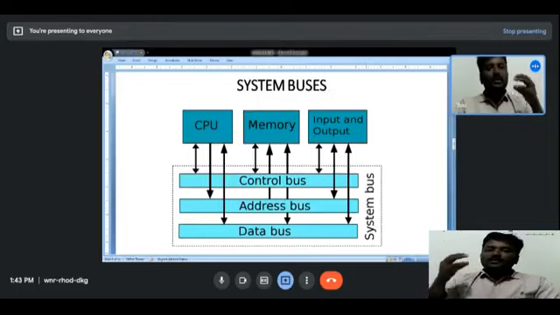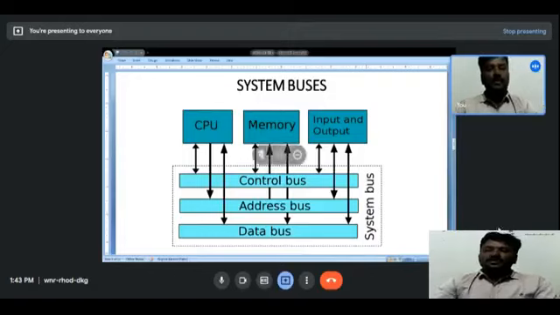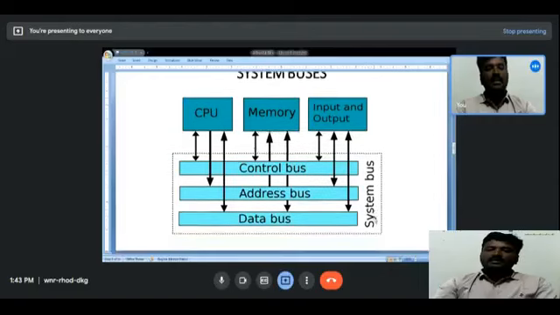You can see that the control, address, and data buses are collectively represented by a dotted line. These three buses form the system bus. We can say these three in a group as the system bus. Okay, so that is one of the architectural diagrams we have seen.